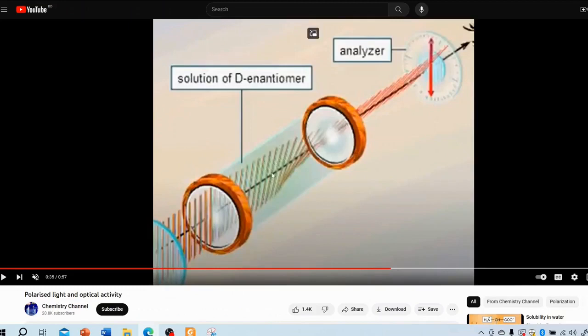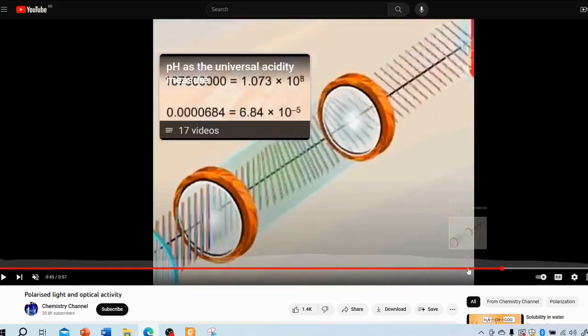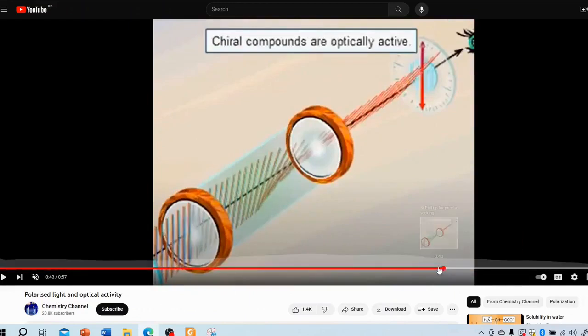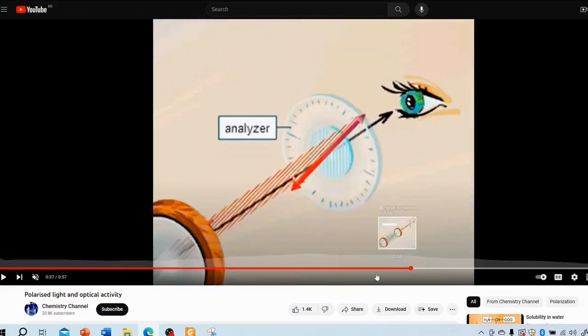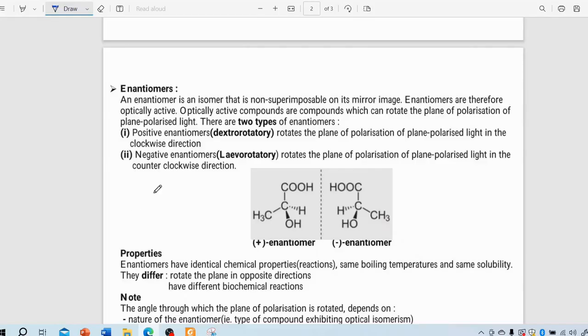And so this vertically plane polarized light, when it passed through this container of this optical isomer, its plane of polarization was rotated by an angle. So here to here. So that is what we are saying.